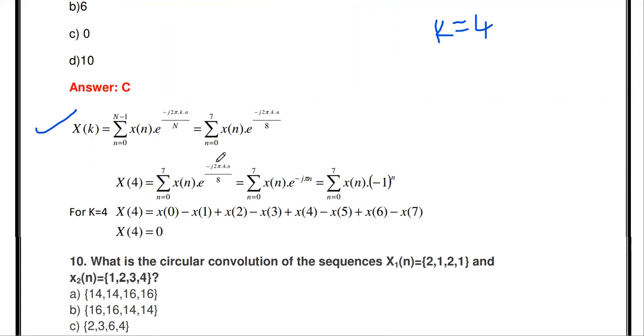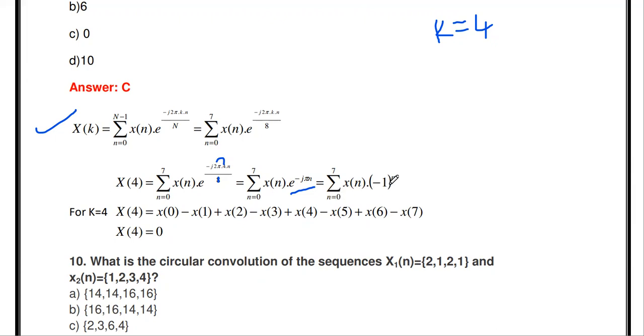Here, 2 into 4, 8, 8 cancelled. So summation x of n e power minus j pi n. What is the answer for e power minus j pi n? The e power minus j pi n is nothing but minus 1 to the power n. In order to find this x of 4, you just expand this summation. First put n equal to 0.